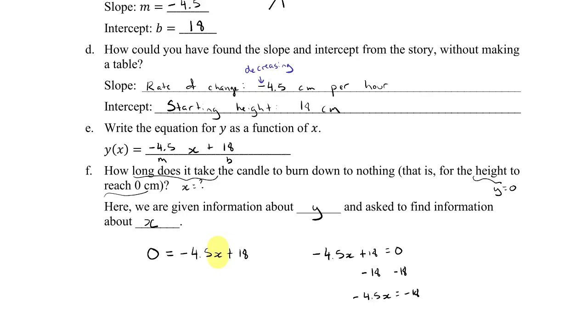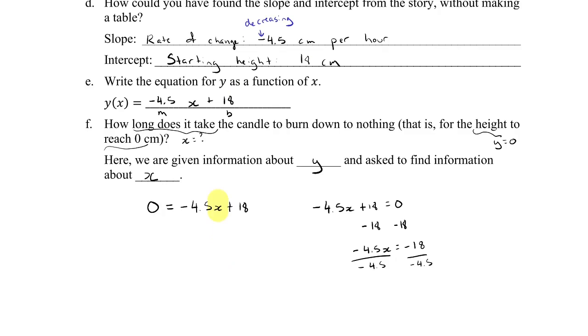Right, 0 minus 18 is negative 18. Then we'll divide both sides by negative 4.5. And we get x is positive 4.